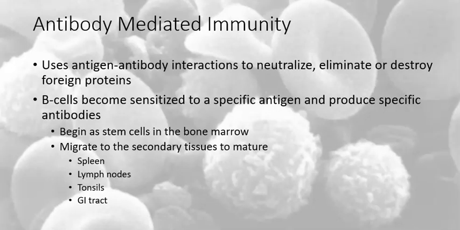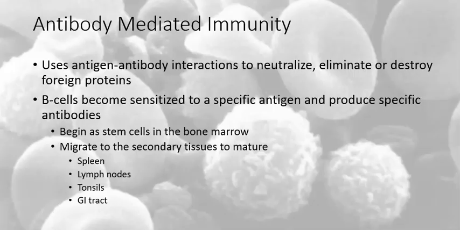So the first one is antibody-mediated immunity, also known as humoral immunity. This uses antigen-antibody interaction to neutralize, eliminate, or destroy foreign proteins. In antibody-mediated immunity, you have B lymphocytes that produce antibodies.